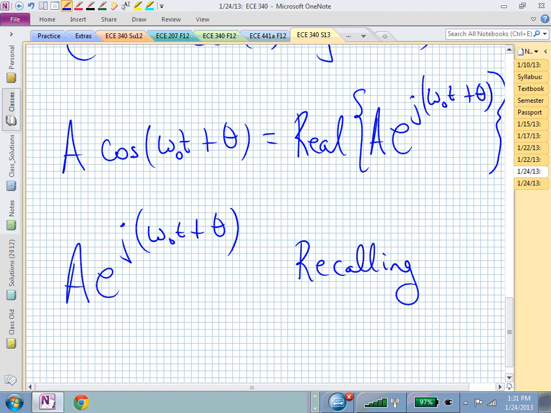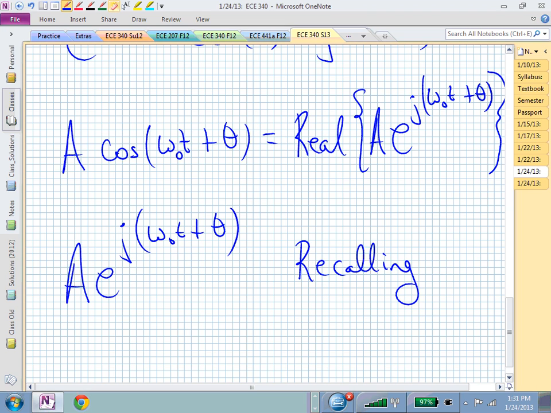It's rotating at a frequency of omega naught. Time is just clicking away, so now you have omega naught. That's this spinning thing in the complex S-plane. It has a length of A, and if you took a snapshot at t equals 0, it would have been at an angle theta at that instant of time. That's a way to think of this complex exponential.